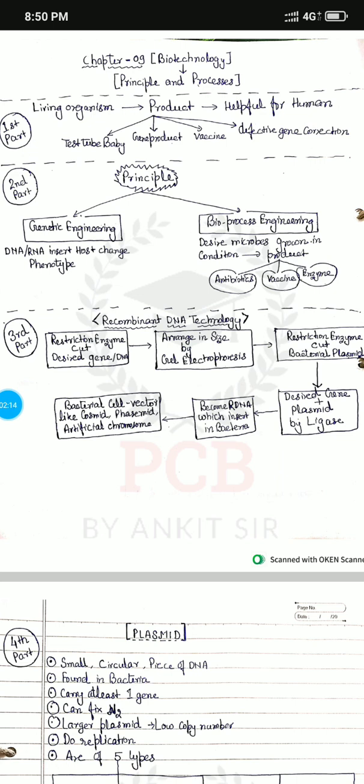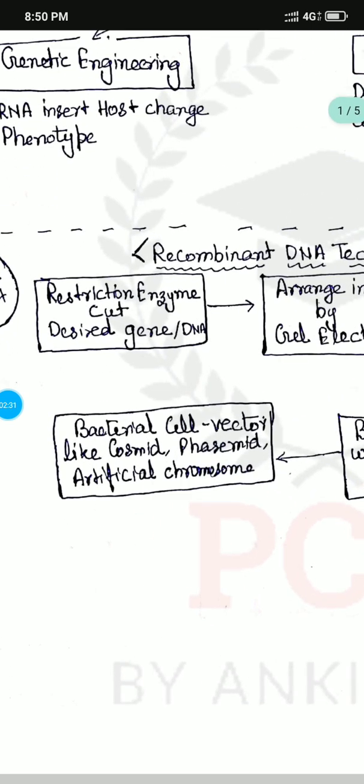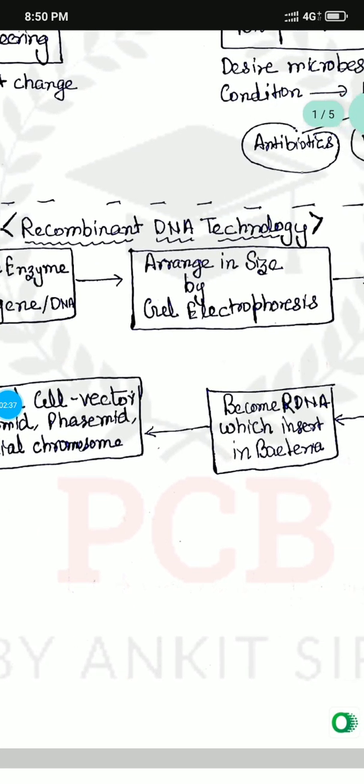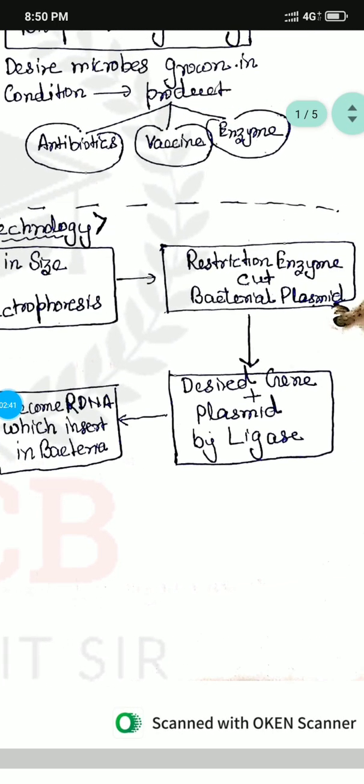Now the third part is recombinant DNA technology. Here I tell you recombinant DNA technology in six steps. The first one is that the restriction enzyme cuts the desired gene or DNA. Then these genes are arranged by size with the help of gel electrophoresis.